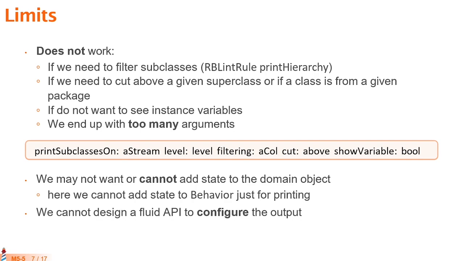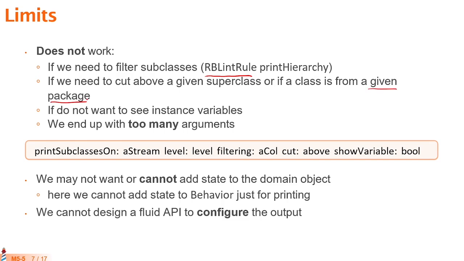What happens if we need to filter some subclasses? In the case of this class, RBLintRule, we will see that it has a lot of subclasses. So we want to filter them or show only some of them. What happens if we want to show, I don't know, the first 3, the first 4, or none of the subclasses? What happens if we want to decide whether to print the superclasses depending on whether they are in a package or not?